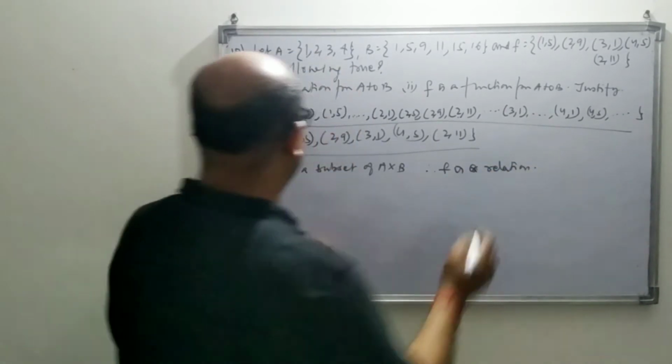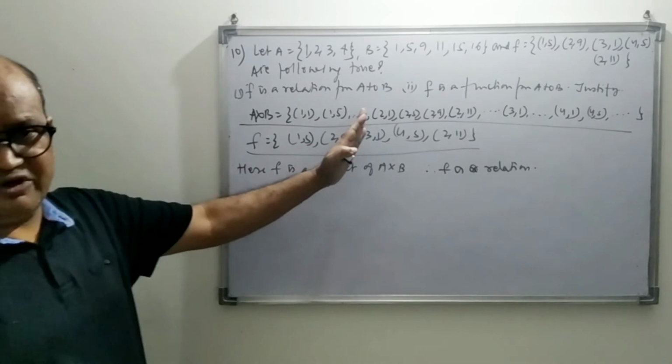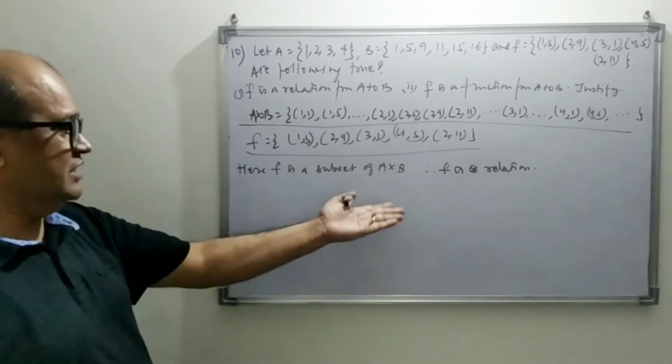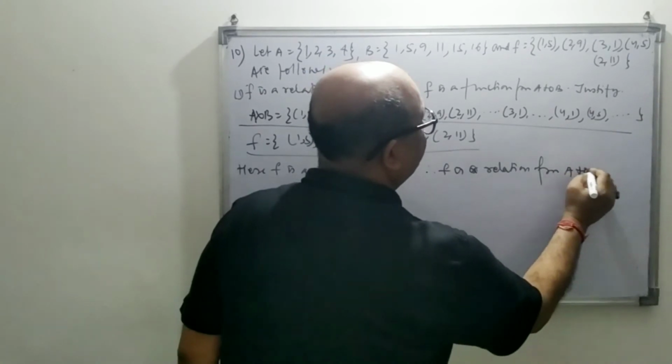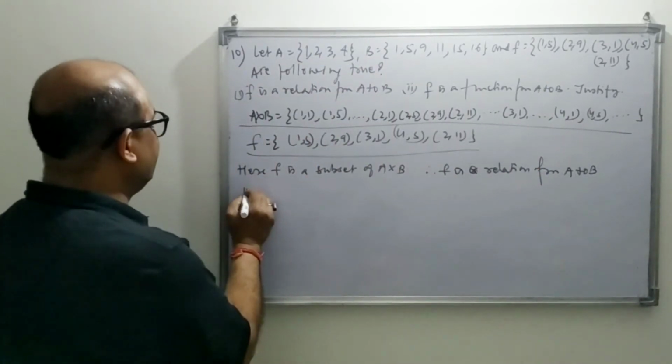Obviously, if F is a subset of the Cartesian product A cross B, then F is a relation from A to B. This is true.